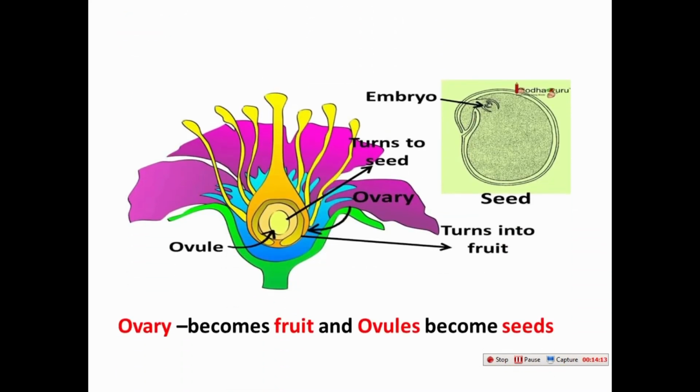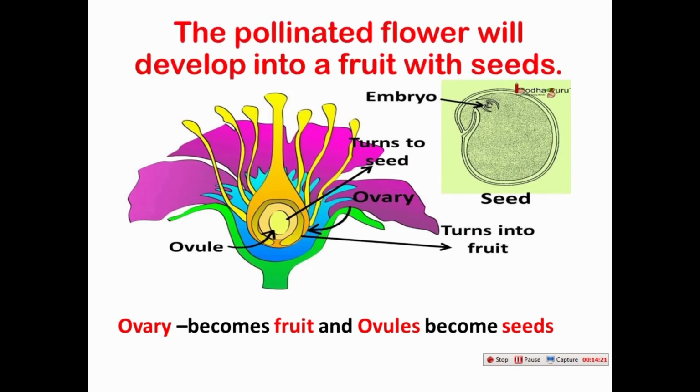So the ovary becomes fruit and ovules become seeds during fertilization. The pollinated flower will develop into a fruit with seeds. So as I've said, the ovary becomes a fruit and the ovules become seeds.